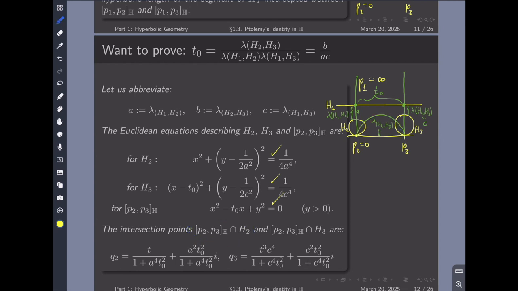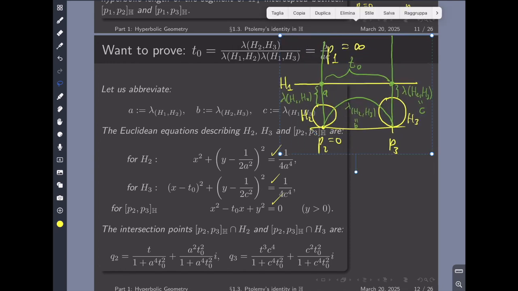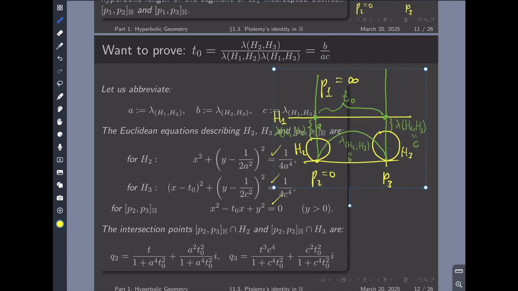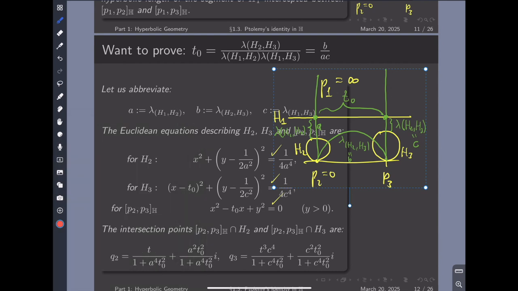Let me do it bigger and indicate Q2, maybe in magenta. That one there is Q2, and this one here is Q3.